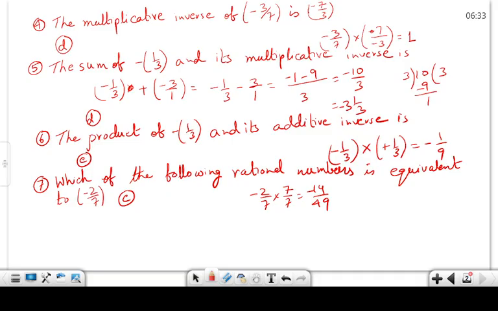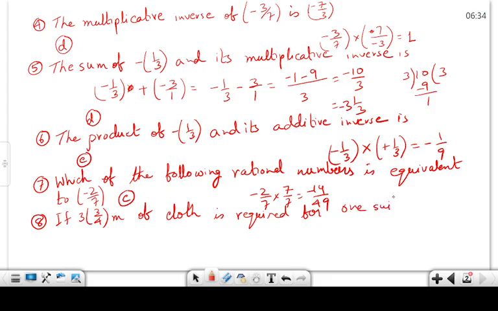Now, question number 8. Question number 8 is seen here as: if 3 whole 3 by 4 meter of cloth is required for one suit, then how many suits can be prepared?